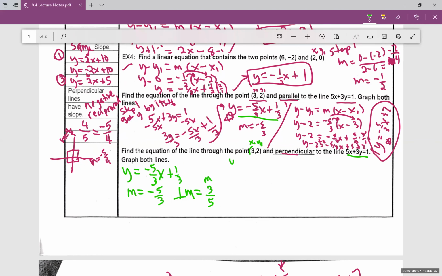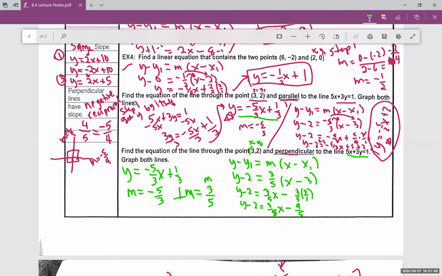Okay, and then here's my x1, here's my y1, and here's my m value. So y minus y1 equals m times x minus x1. y minus 2 equals 3/5 times x minus 3. y minus 2 equals 3/5 x minus, when I multiply this out, 3/5 times 3, y minus 2 equals 3/5 x minus 9/5, adding 2 to both sides.